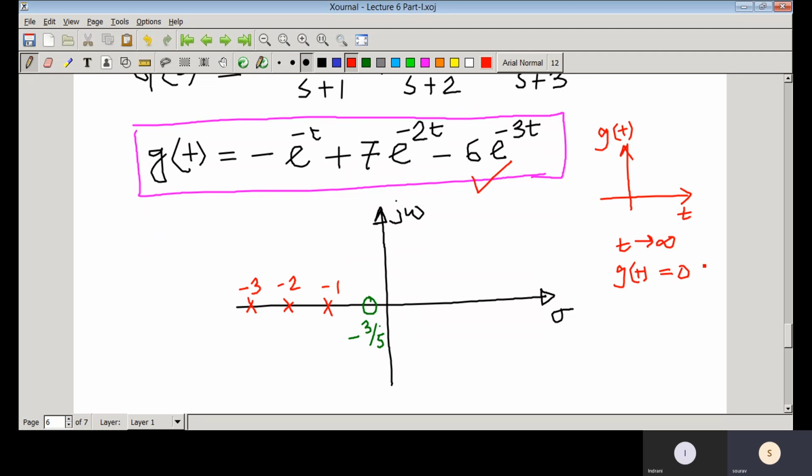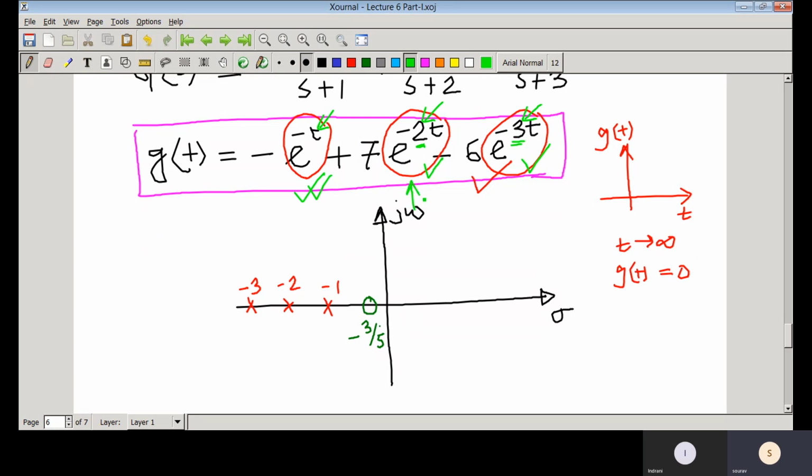But here one important thing you can notice is that there are 3 terms, with -1, -2 and -3. The second and third terms will die out very quickly compared to the first term, as time progresses.